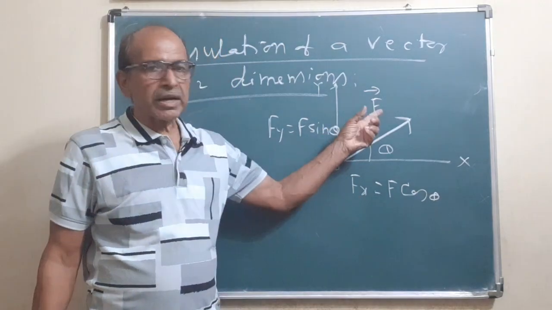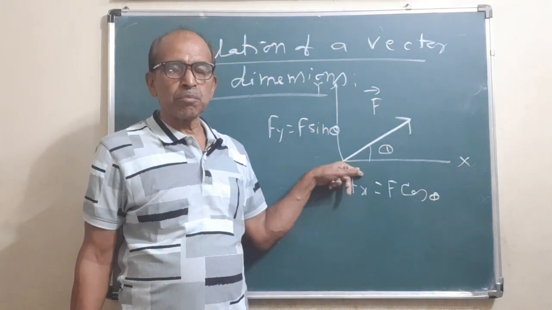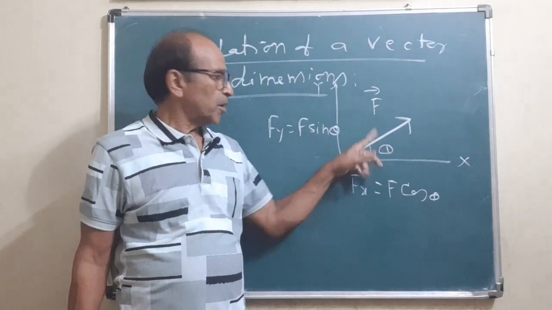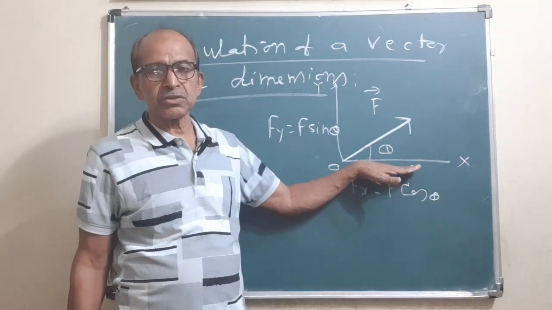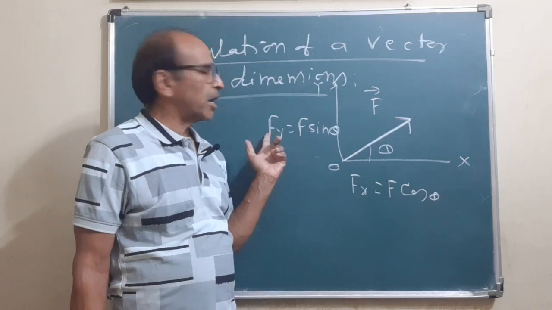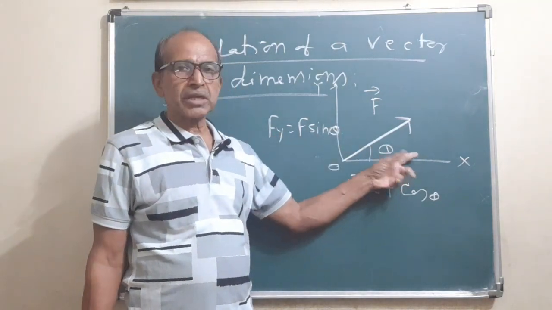So this vector force we can resolve into two rectangular components along the x-axis and along the y-axis. This force makes angle theta with the x-axis, so its components are fx and fy. fx, fy are the components of force along the x-axis and y-axis.